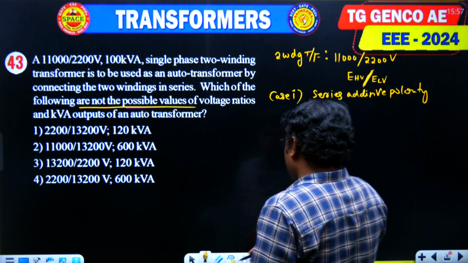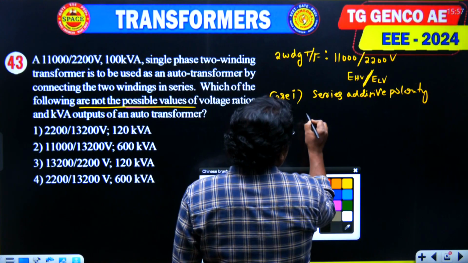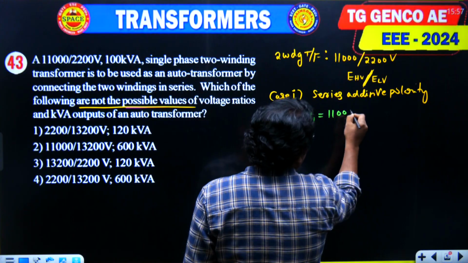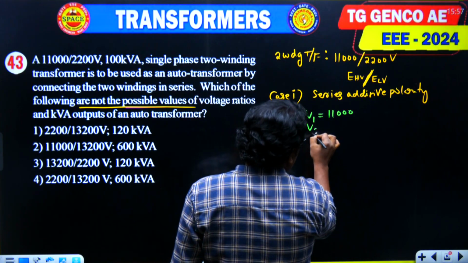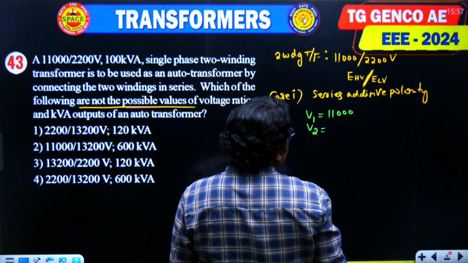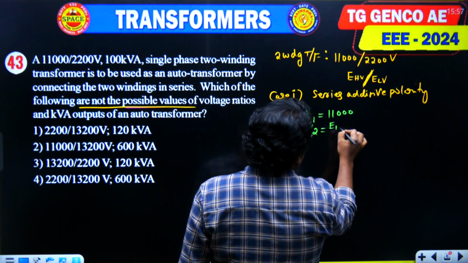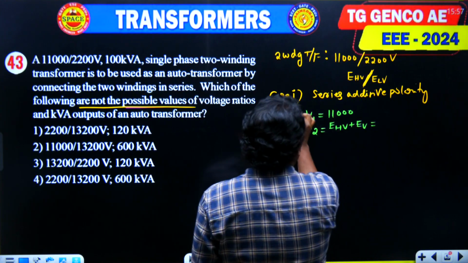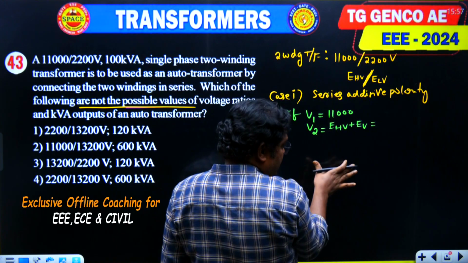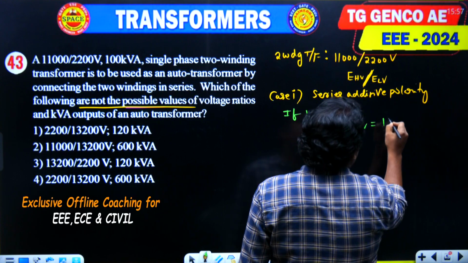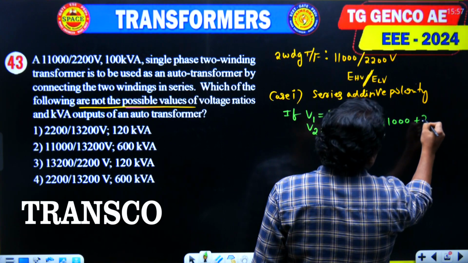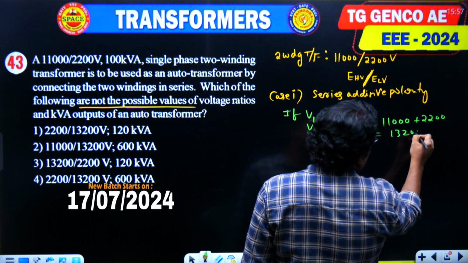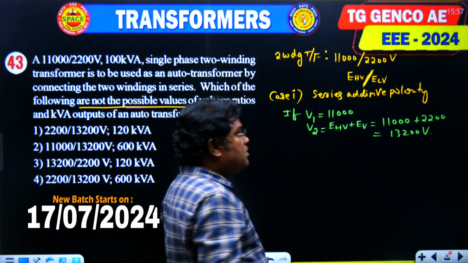In the series additive polarity nature, for example, if applied voltage V1 is equal to 11,000 volts, then V2 will become EHV plus ELV, that is 11,000 plus 2,200, which is equal to 13,200 volts. We got V1 by V2.